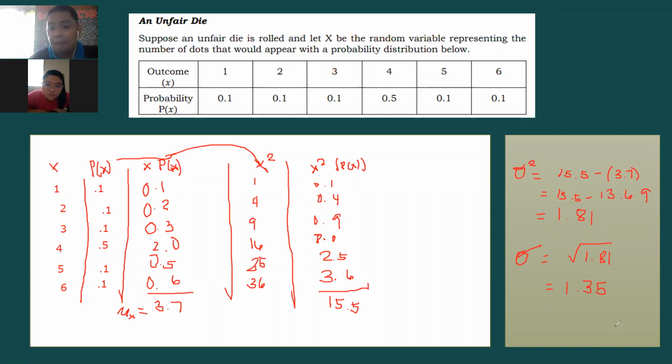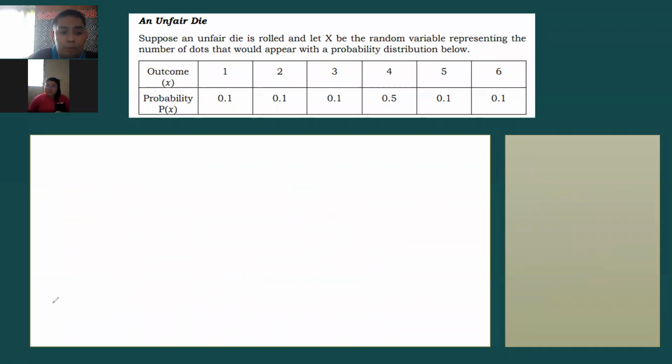Okay? And yan nga po ang pagkuha natin ng standard deviation. Ang standard deviation ay pwede natin makuha using our mean and using our new formula, which is the summation of x squared times P of x minus the square of the mean. Clear? Okay po. So please take note of your first activity na gagawin.